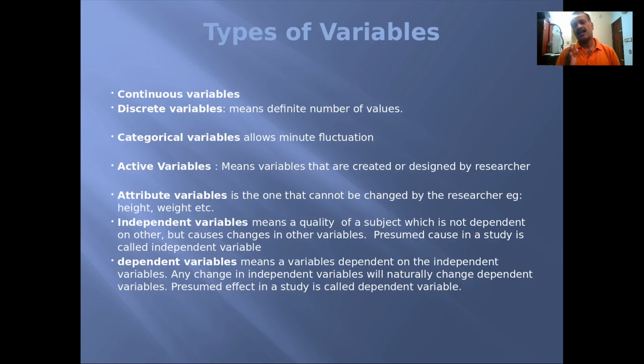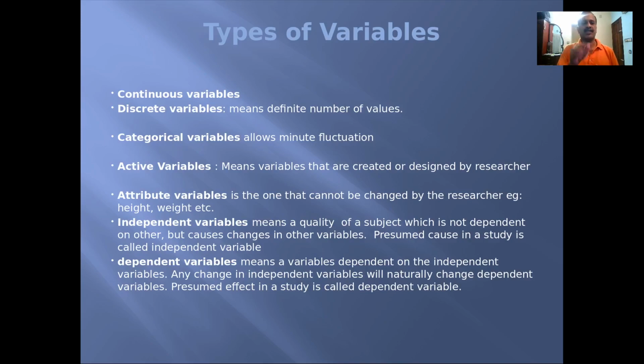Now what is a continuous variable? Continuous variable means if we take two nearby values, between these two nearby values there is an indefinite number of values. As I mentioned before, take age. Between two nearby values, 19 and 20 years, there are numerous or indefinite number of values.